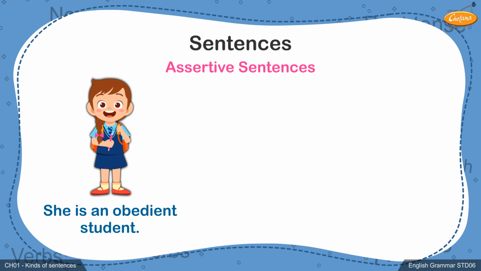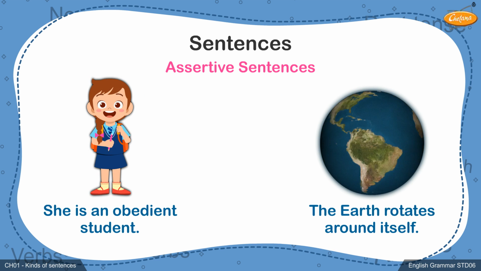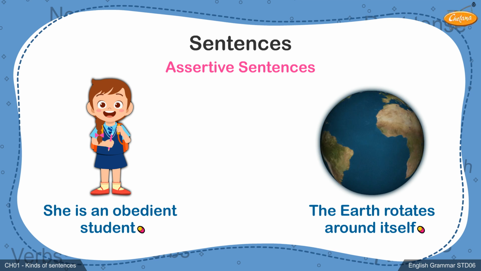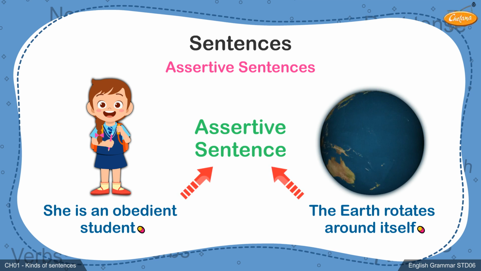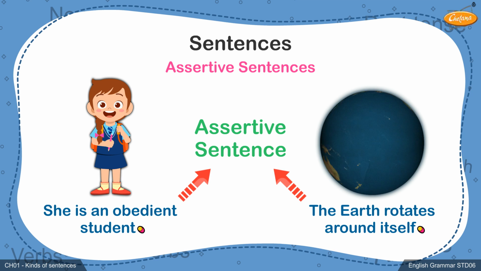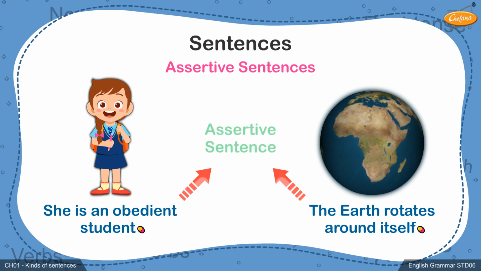Sentences such as, "She is an obedient student," "The earth rotates around itself." Students, you will notice that both of these sentences end with a full stop. Hence, they are assertive sentences. Assertive sentences can carry a positive or a negative meaning.